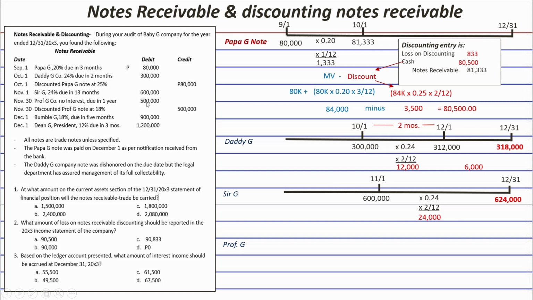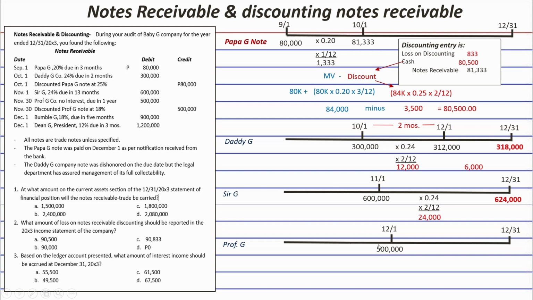However, there is an exception, if you can still remember: if the maturity term is 1 year or less, then there is no need to discount anymore. So let's just plot this 500,000 on November 30 or December 1, which is the same when talking about timelines and amortization tables.